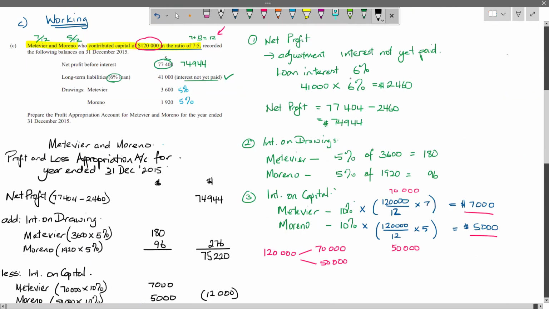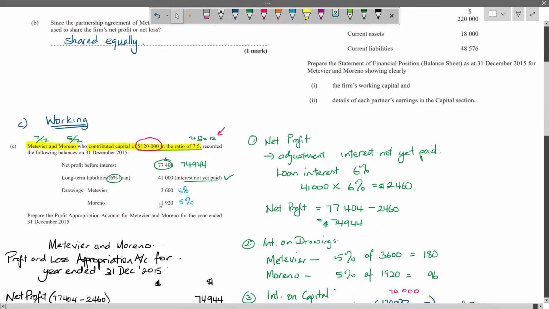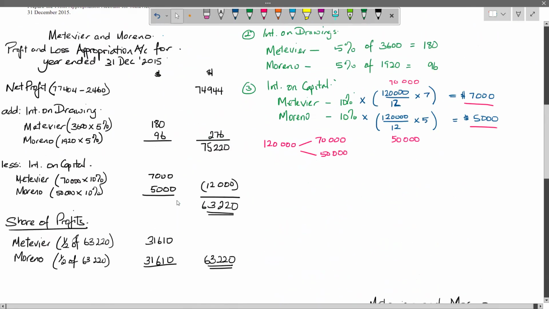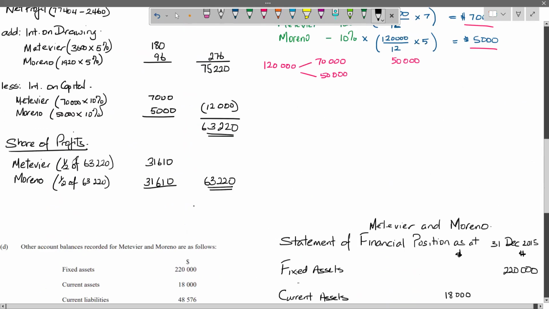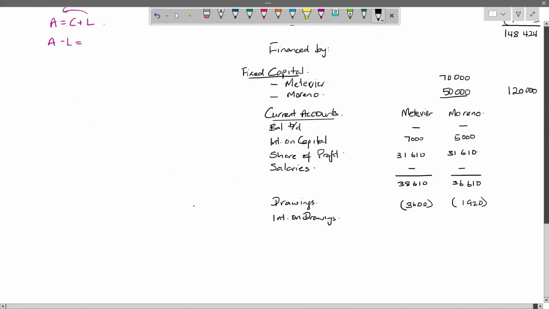So we were given drawings of 3,600 and 1,920. And interest on drawings was at 5%, so we got 180 and 96.